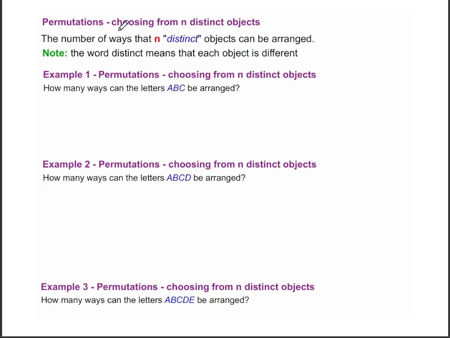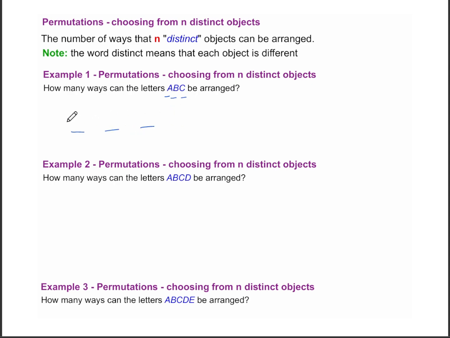When you're looking at permutations, when you have n distinct objects, that means they can be differentiated. For example, if you have A, B, and C, these are 3 letters that are distinct. A is different from B, which is different from C. When you want to arrange them, you have 3 spots available, because remember you have 3 letters.